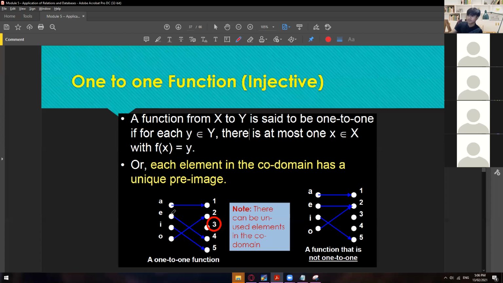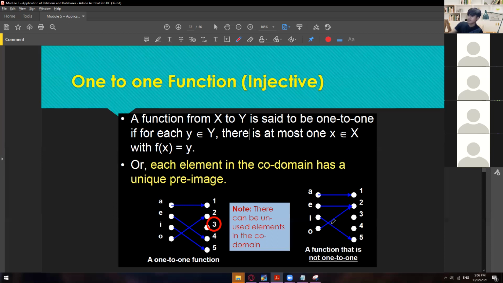Some of them can be unused, like for example this one. But the important thing here is all of your domain must have one partner for us to be able to say that this is a one-to-one function, right? So this is a valid function, and at the same time, this is a one-to-one function.